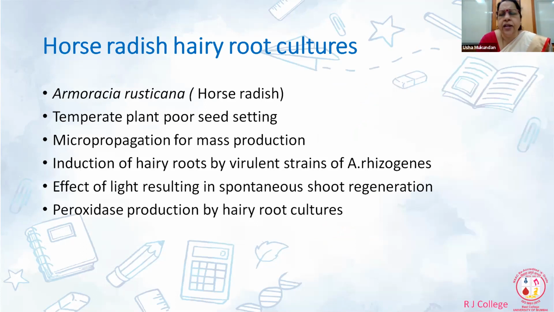Now, Armoracia rusticana is another very beautiful system. So we are moving from secondary metabolites to macromolecule accumulation by these root cultures. And here I'm taking an example of accumulation of a very important protein, that is the peroxidase enzyme. And you know that the enzyme peroxidase has a large number of applications besides that in diagnostic kits.